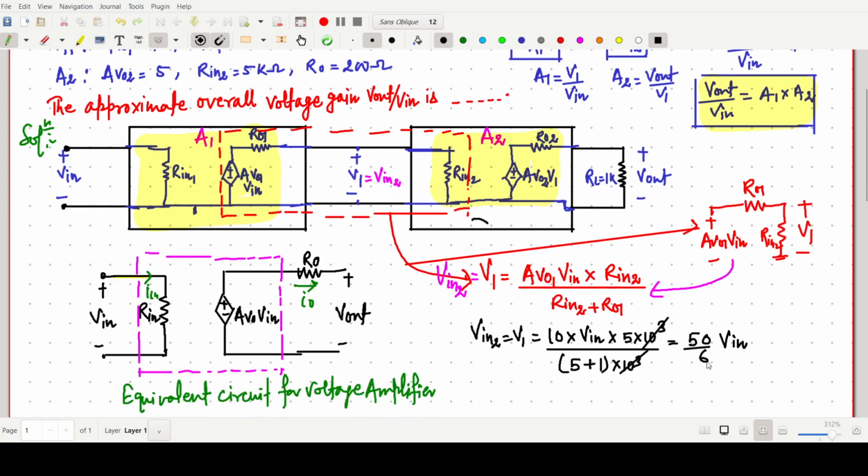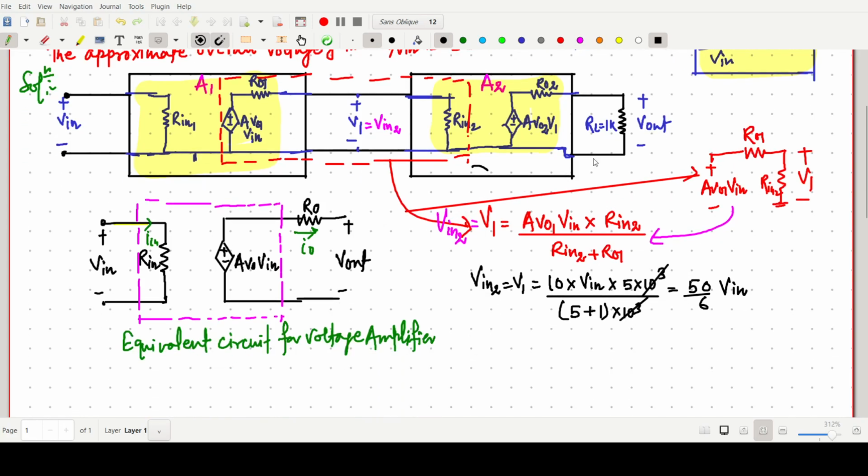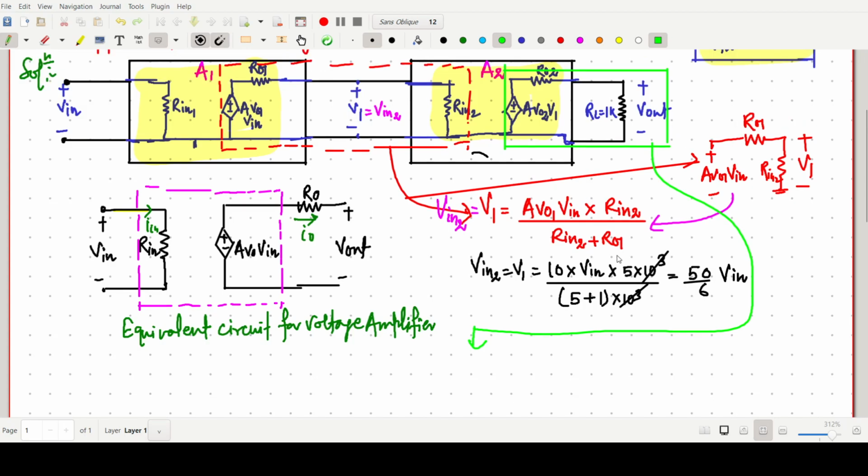Okay. Now we have to focus on this part. It is very simple. In this part, we have AV naught 2 times V1, or we can say V in, and V out is there.